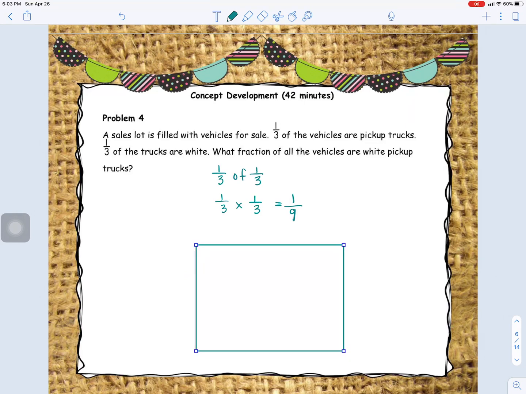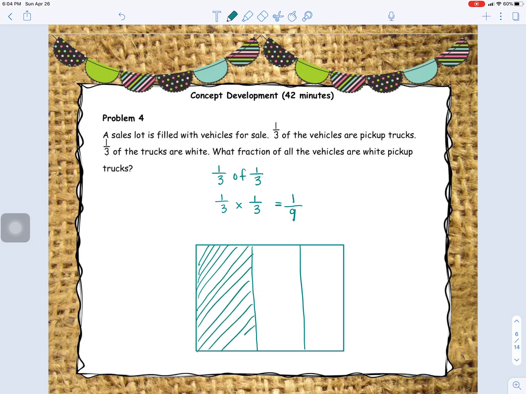Okay, so I'm going to start with 1/3 of the lot, and then 1/3 of those pickup trucks are white.